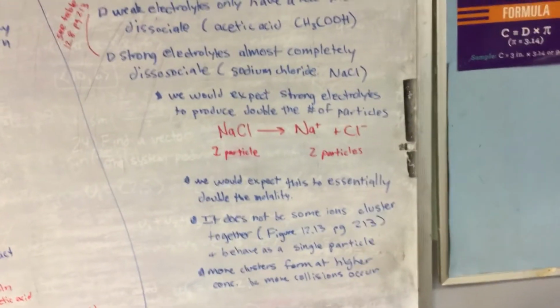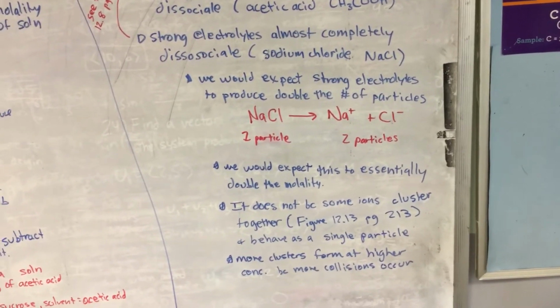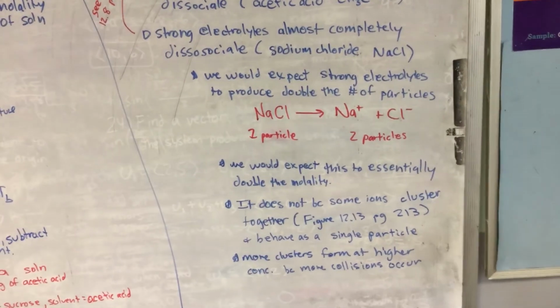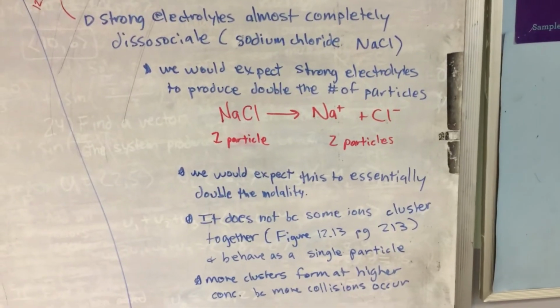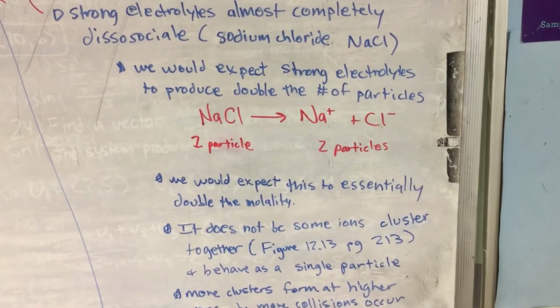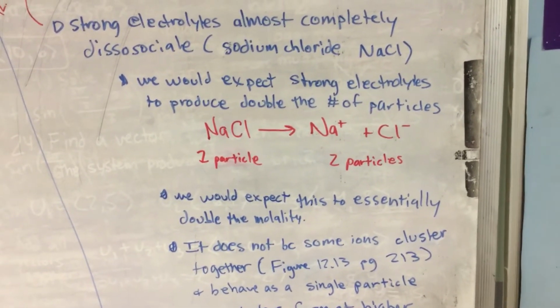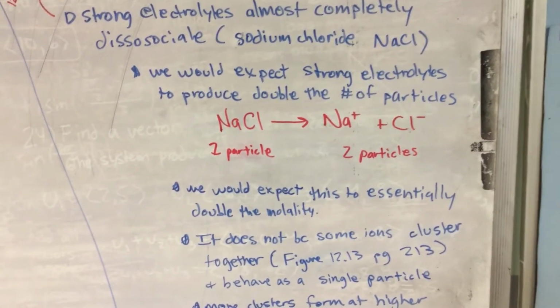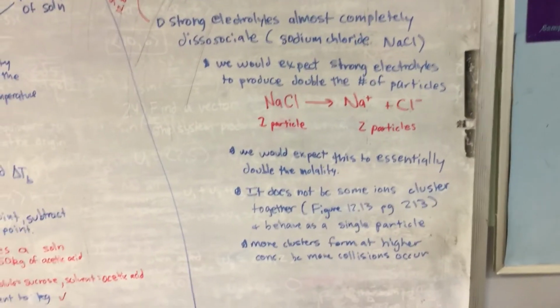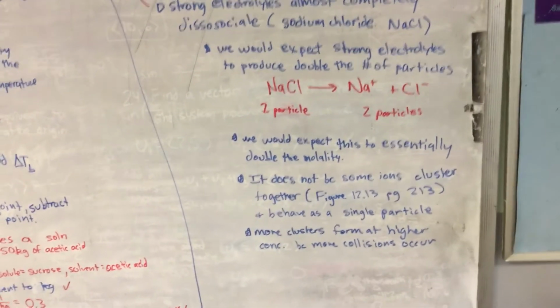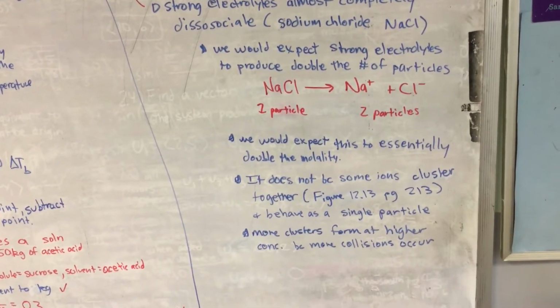Okay? So, we would normally expect strong electrolytes to produce double the number of particles. You can see this in the formula for the dissociation of NaCl, salt, into sodium ions and chloride ions. Notice we have 1 particle turning into 2 particles. So, we would expect this to essentially double the molality, but it doesn't because the ions cluster together.